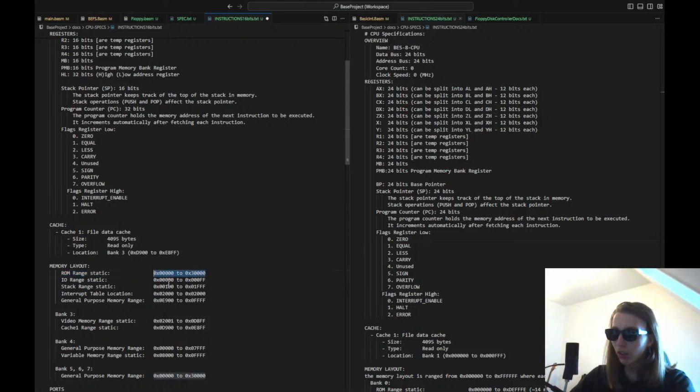For example, this one we could turn into 64 kilobytes.